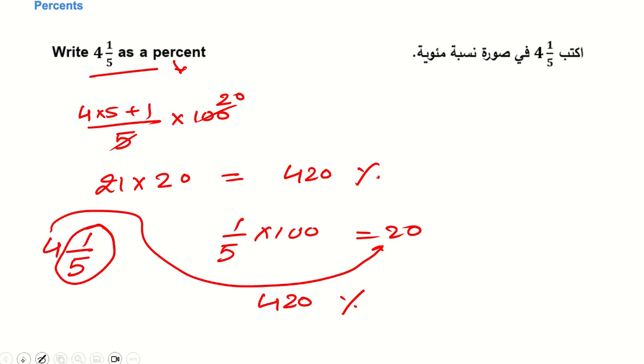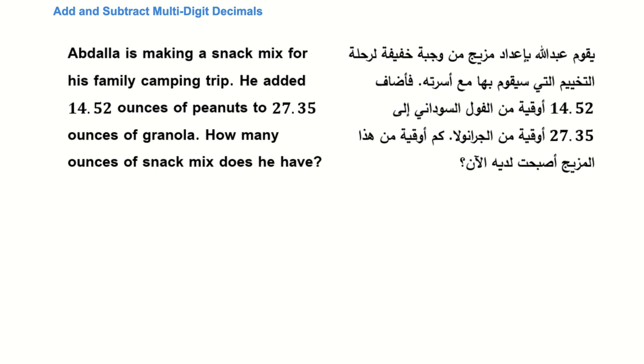Now next question can be, Abdullah is making a snack mix for his family camping trip. He added 14.52 ounces of peanuts to 27.35 ounces of granola. How many ounces of snack mix does he have? So just simply add them.